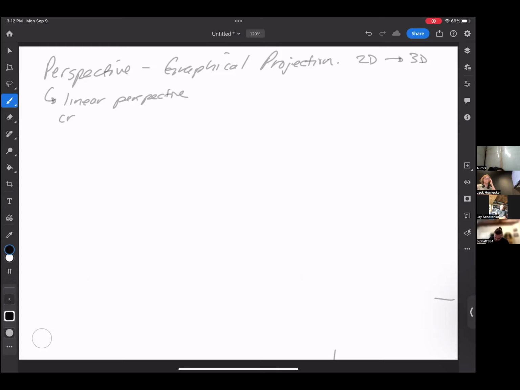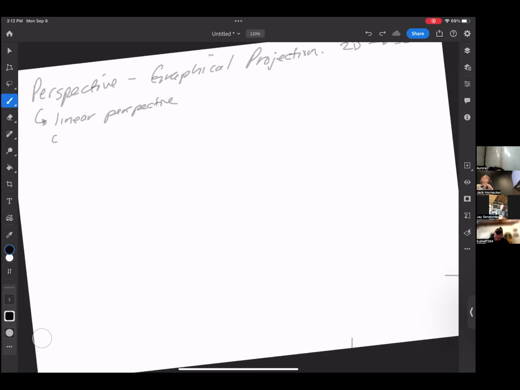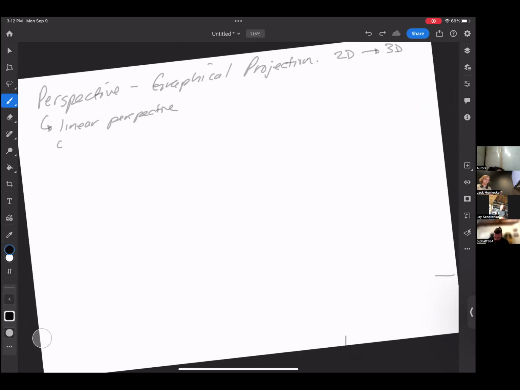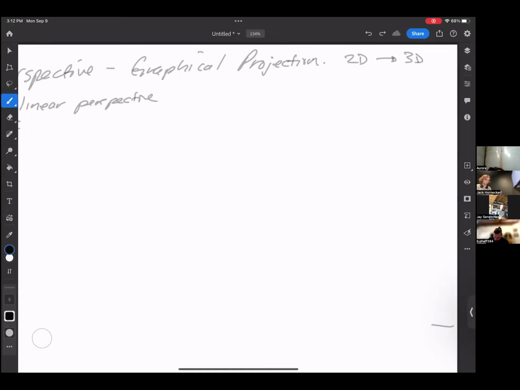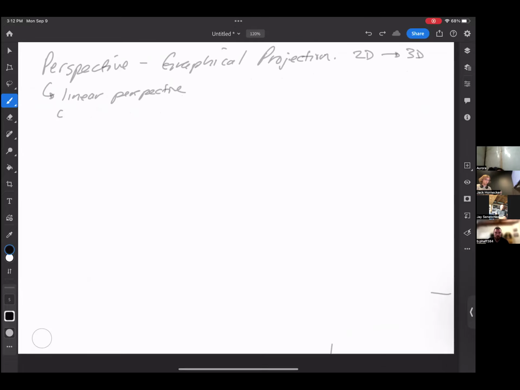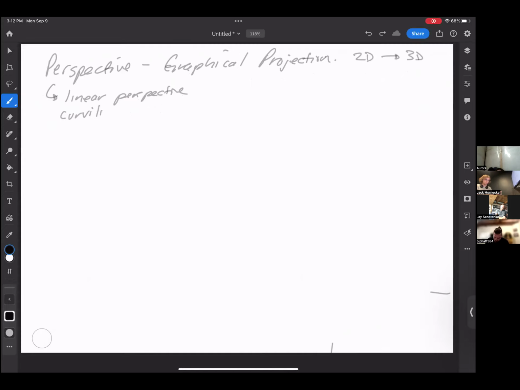We're also going to do curvilinear perspective. But there is something else, and we're going to spend a little bit of time doing this next class, but very, very little of it, called orthographic projection.